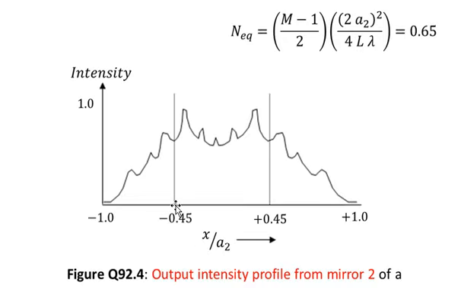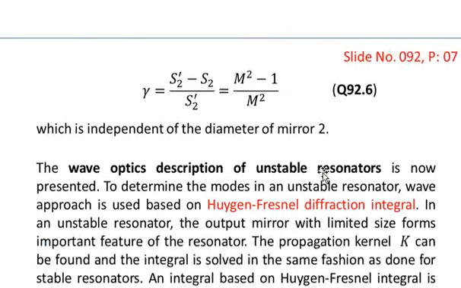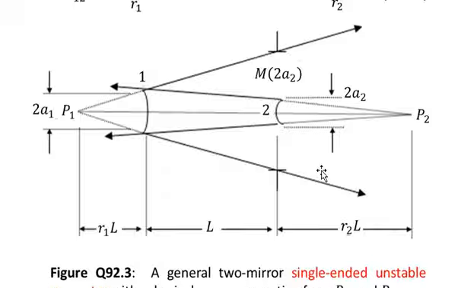Mirror 2 starts at the location of -4.582 and then ends at plus 0.45. So this is the size of mirror 2, and the rest is actually the full aperture from which the light will exit, and that full aperture is represented by M2 times A2.